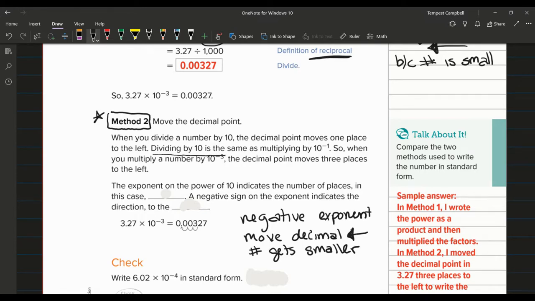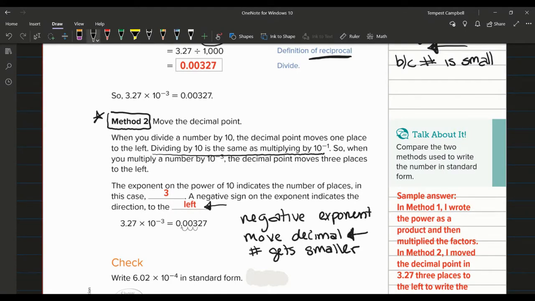Okay, so dividing by 10 is the same as multiplying by a -1. So when you multiply a number by 10 to the power of -3, the decimal point moves 3 places to the left. The exponent on the power of 10 indicates the number of places. In this case, we're looking at 3. A negative sign on the exponent indicates the direction to the left.